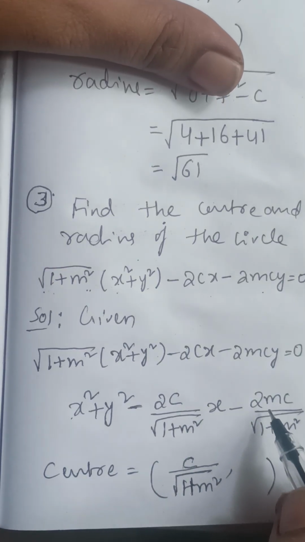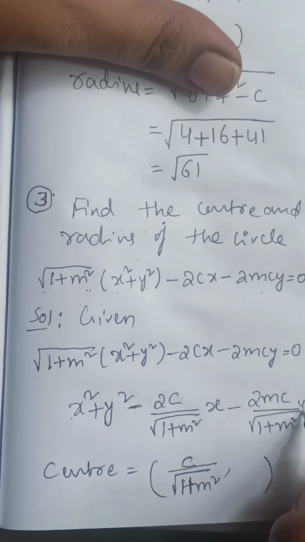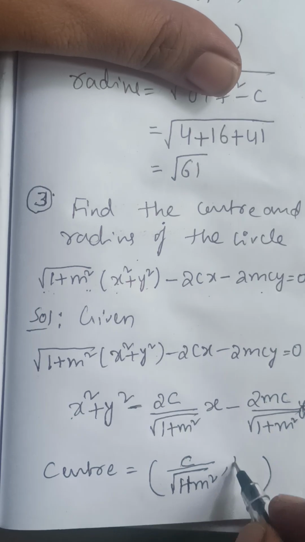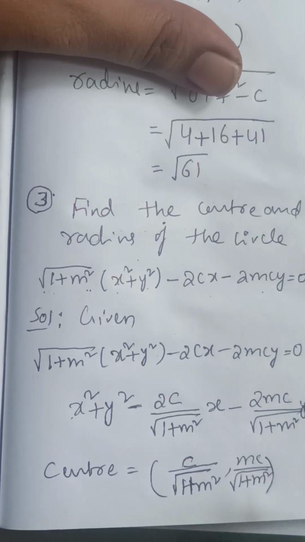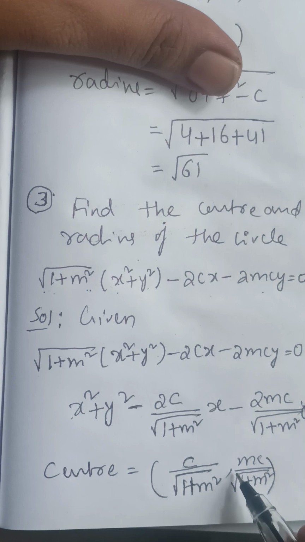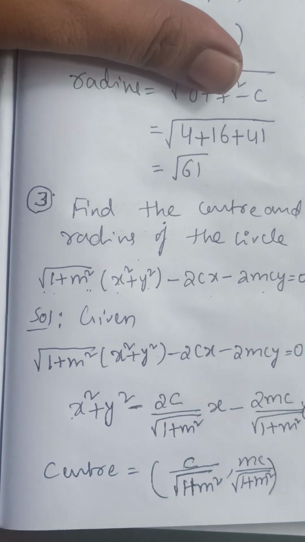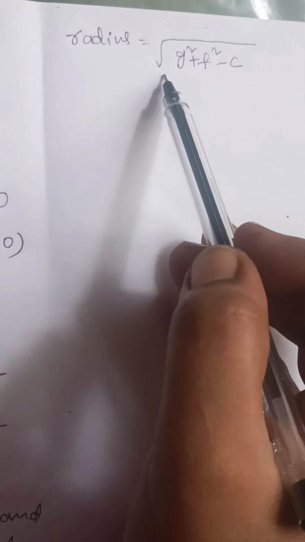Here also 2mc is the y coefficient. So the y coefficient half is mc by under root 1 plus m square. And minus is there, so it is plus. This is the center.